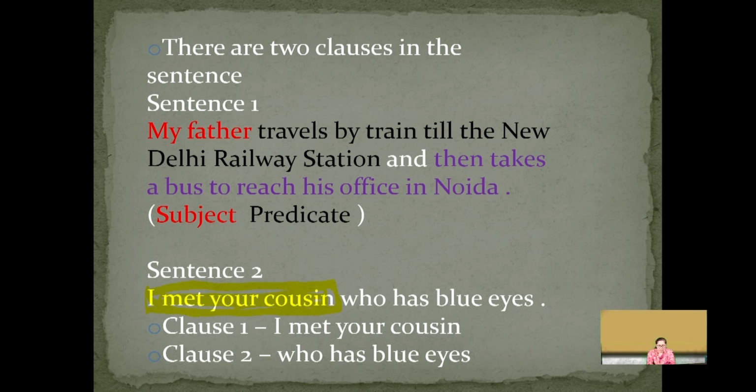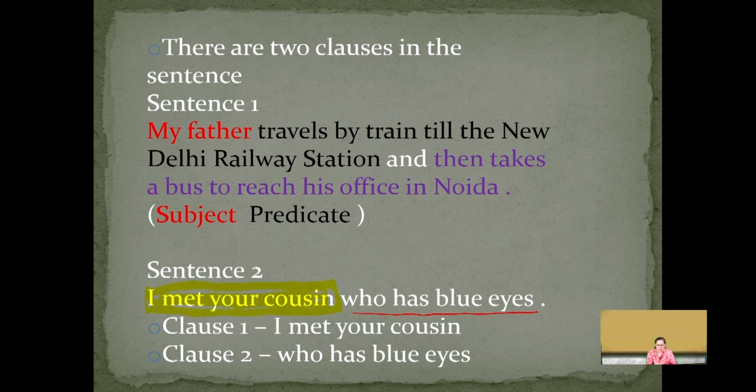Have a look now at the second part of the sentence. The second part says, who has blue eyes. Now, this is also a clause, but does this clause make complete sense in itself? No, it doesn't. Why? When does a clause make complete sense?